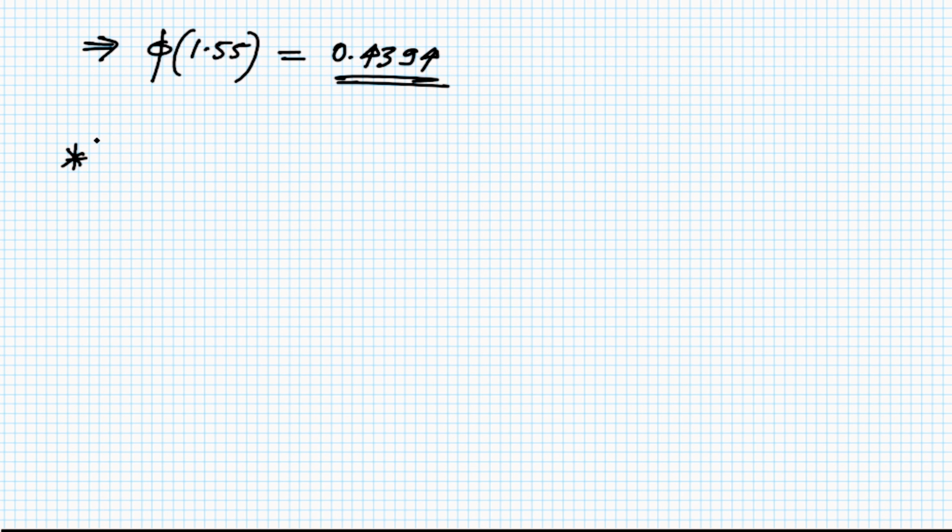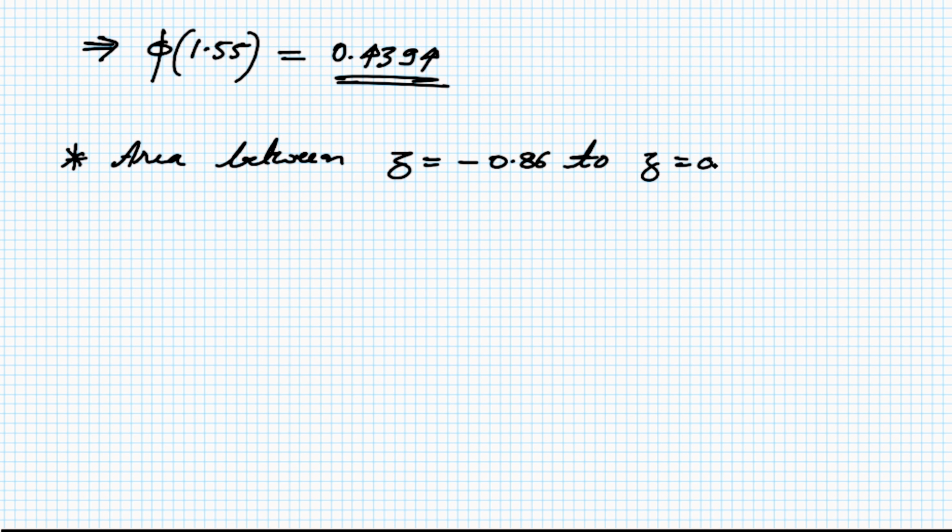My next question is, I want you to find the area between z equal to minus 0.86 and z equal to 0. I'll give 1 minute for everyone to think and solve. If you have an answer, please put it in the chat.